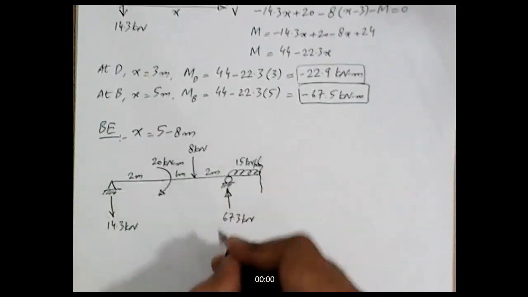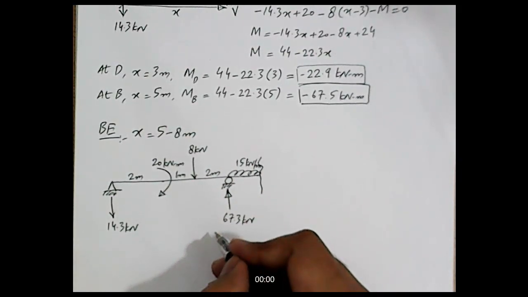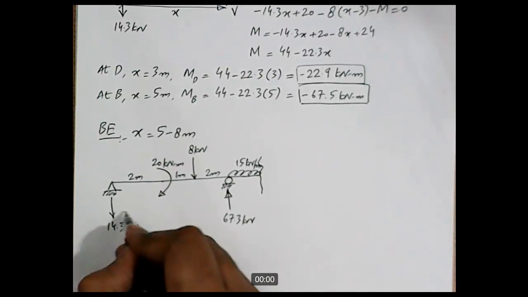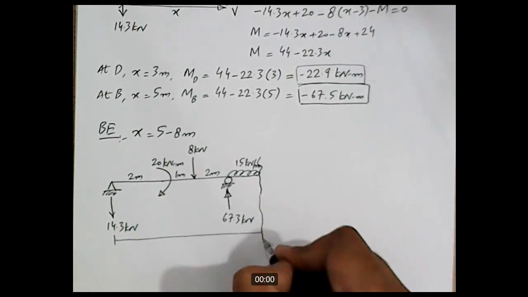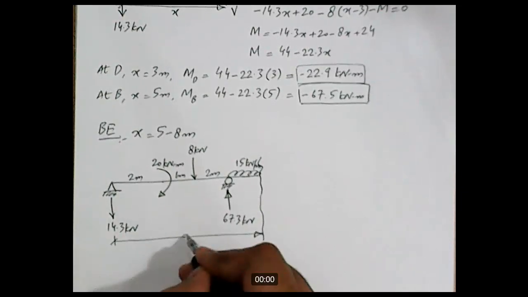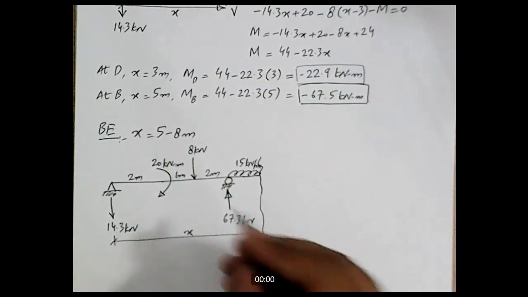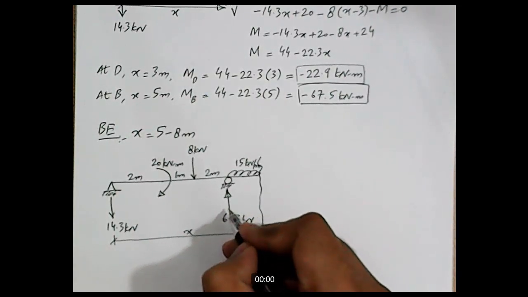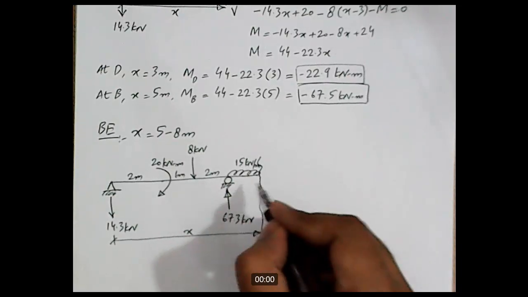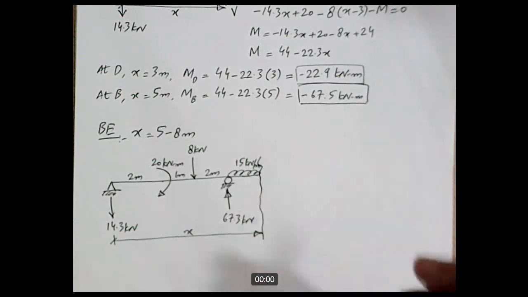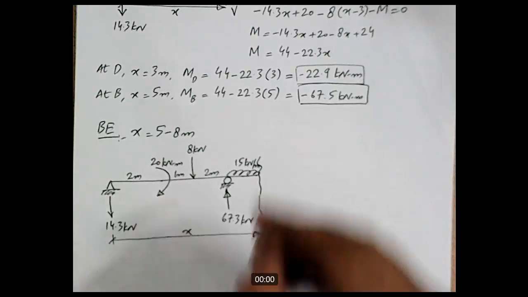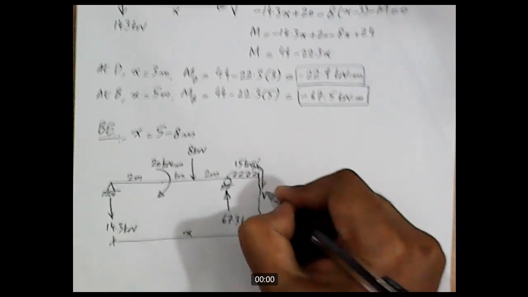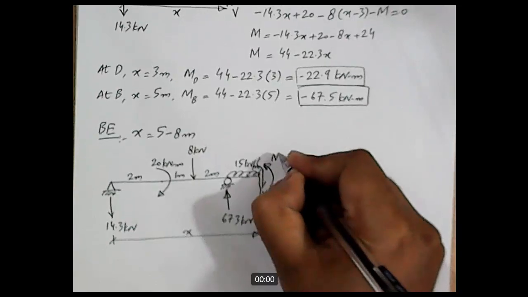This is 2 meters. What else? The X will vary like this, and okay, we'll identify the portion of the UDL when we'll be calculating the shear and moment. Okay, so this completes the bending moment free body diagram. Is there any other thing? Oh yes, I think the shear V and moment M are left.